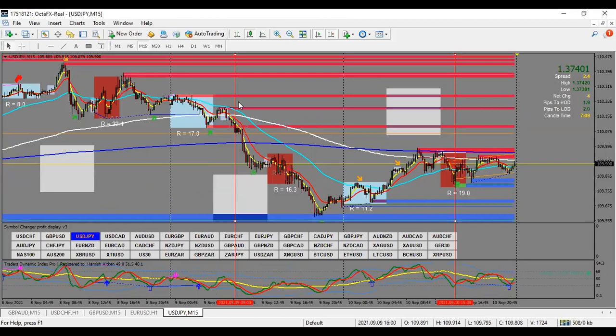All right, look at this. You can see it. So in this case, TDI is not giving us our entry. Why? Because the market didn't even bother to go up before it crossed down. You understand?